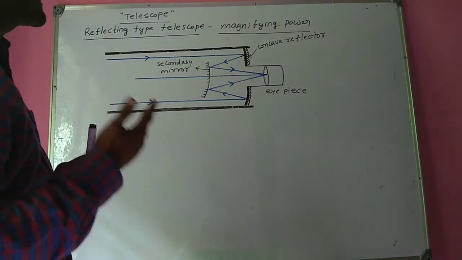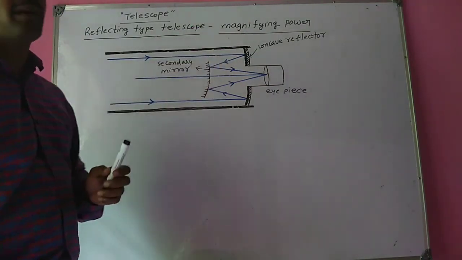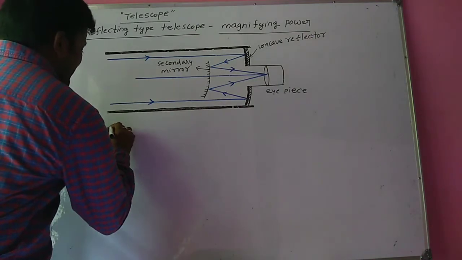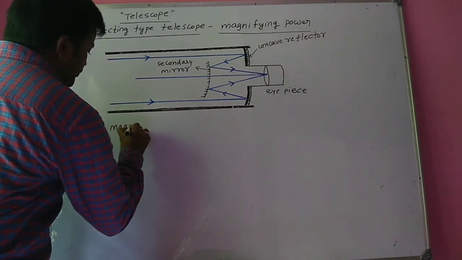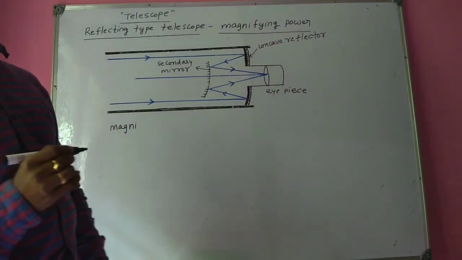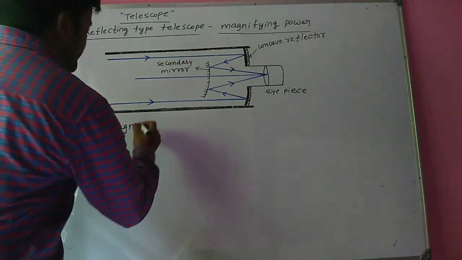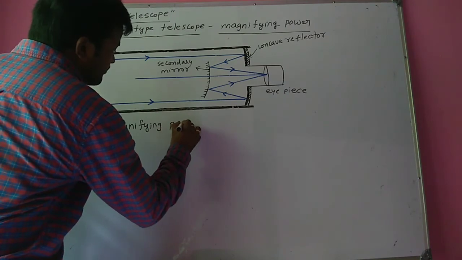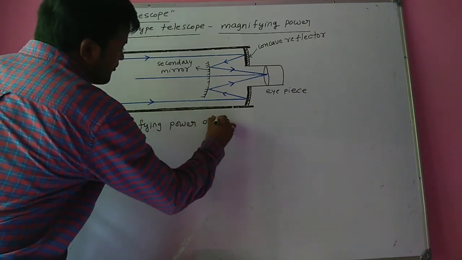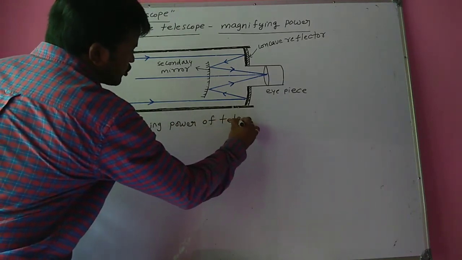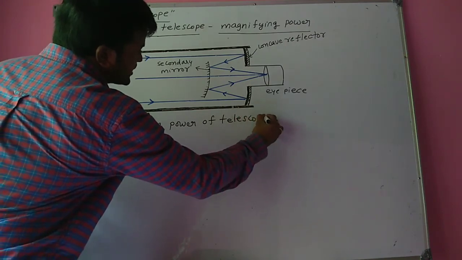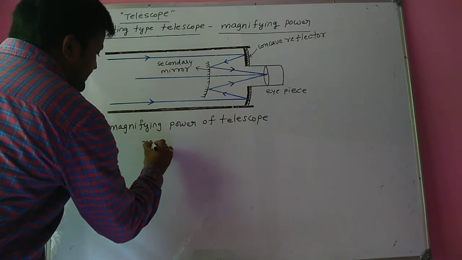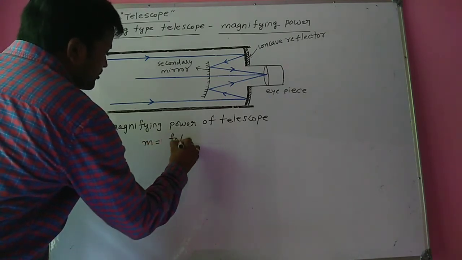Now let us determine the expression for the magnifying power of the telescope. Already we have discussed the formula for a refracting type telescope. The magnifying power of a telescope can be taken as M is equal to Fo by Fe.